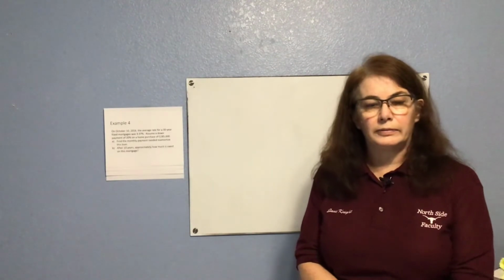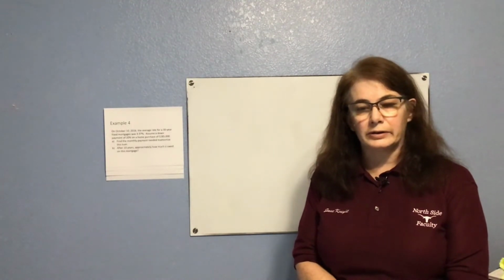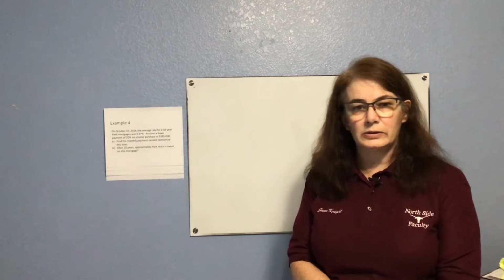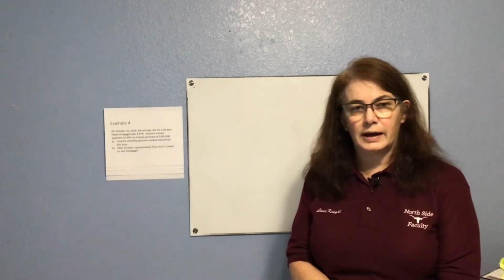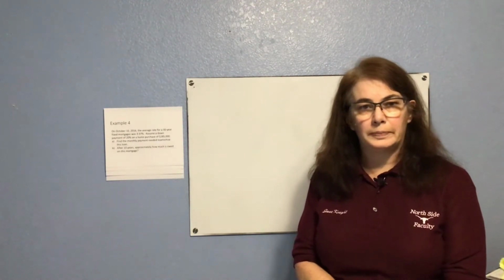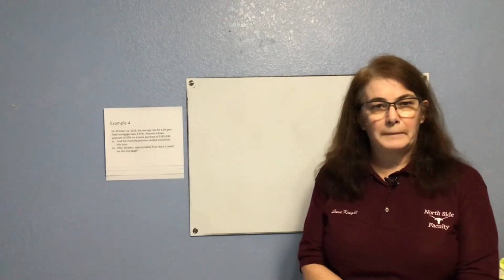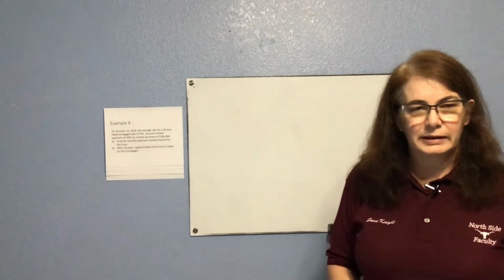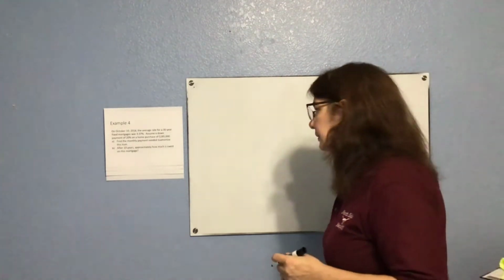Another kind of loan repayment that's considered an annuity is called an amortization, and this is usually used in the context of purchasing a home. We're going to manipulate our formula a little bit to make it a little less cumbersome to work with.